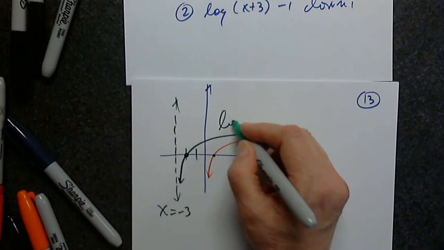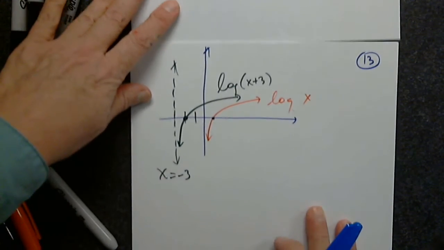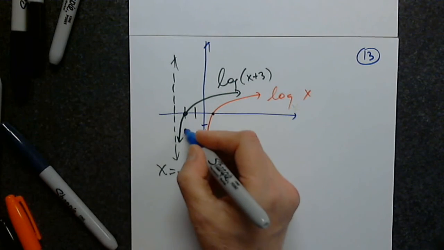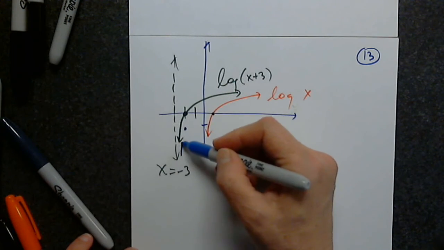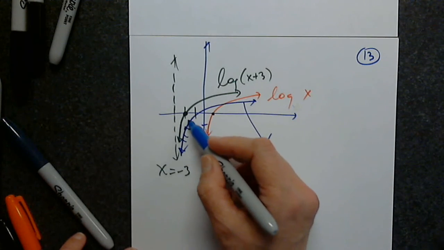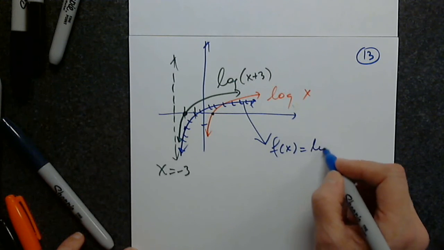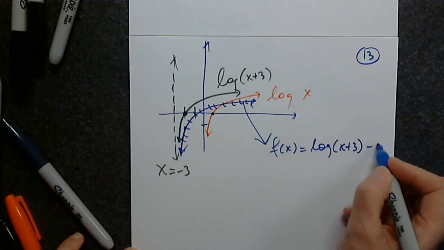So this is common log of x plus 3. And now in order to move this down, no problem, I'll take this point and move it down 1. So it's right here. I don't know where the x and y intercepts will be. I have no idea. So this is the final graph. And this is f of x equals log x plus 3 minus 1.